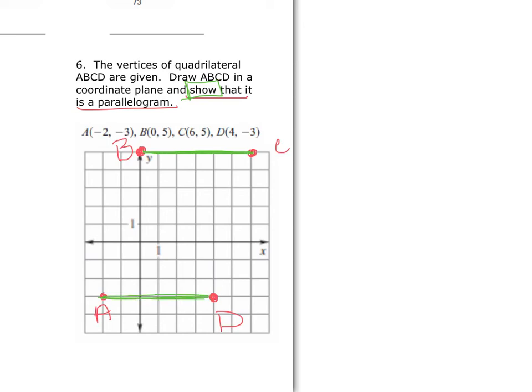Well, you have to think of those as line segments. Parallel lines have the same exact slope. So a way you can prove that this is a parallelogram is to say, okay, well, the slope of BC and AD are basically the same thing, and what they are is 0. Well, you have to prove both pairs of opposite sides are parallel, so we have to say, all right, side CD and side AB, we have to show what their slopes are.